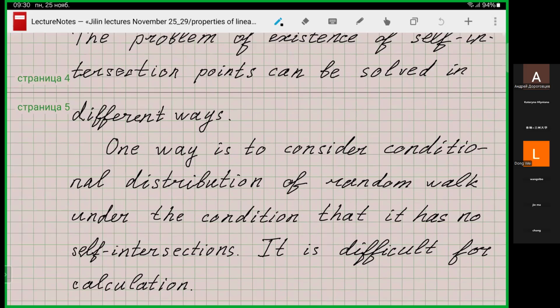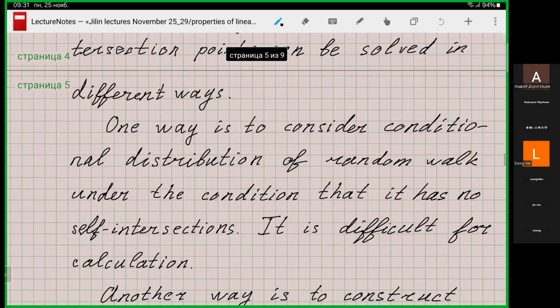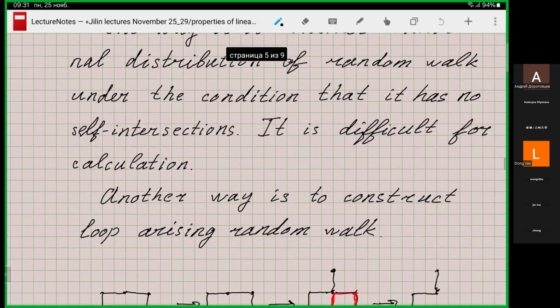Because for fixed n, you can imagine that there are some trajectories which have no self-intersection, and we can just consider the conditional distribution of our trajectory of the random walk for n steps given this event. It can be done, it is hard for calculations, and in this way we obtain the so-called loop-erased self-avoiding random walk. But the next idea is more physical, and it looks like this.